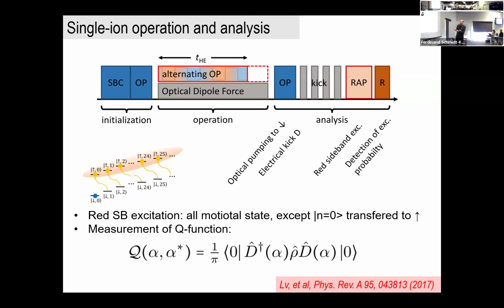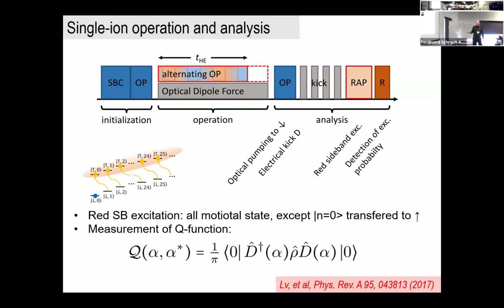We don't go to the upper state. When, however, we have some phonon number here, we get to the excited state. The ion becomes dark. The ion doesn't become dark if we are in the ground state. So we have an optical signature: only if there's some motion left can we excite it. If there's no motion left, it cannot be transferred.